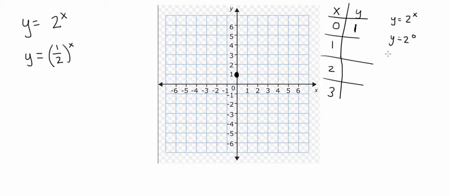Then we do the same thing for 2 to the first, which gives us a value of 2, so our next point is (1, 2). Then 2 to the second power is 4. We do the same thing with 3: y equals 2 to the third, which is 8.